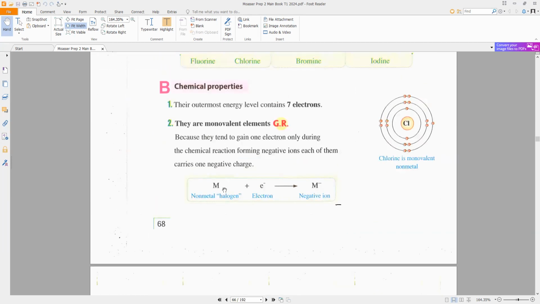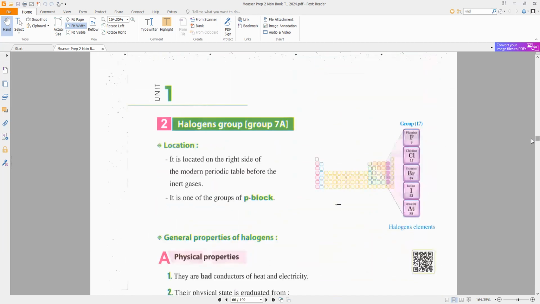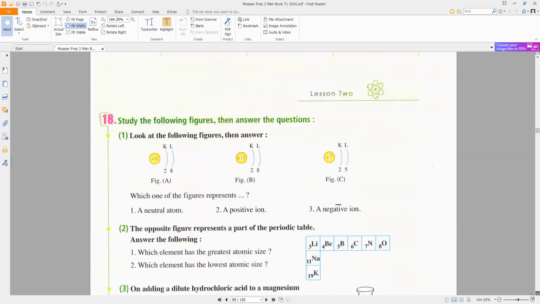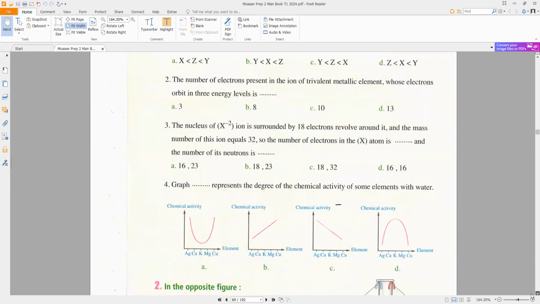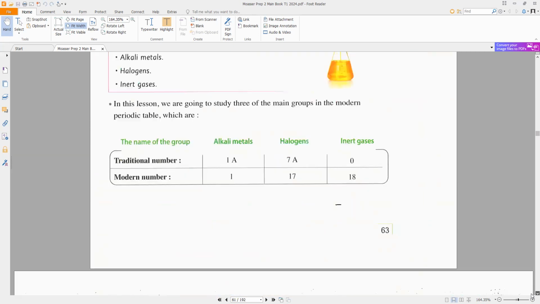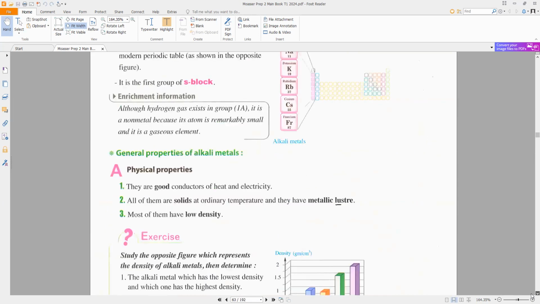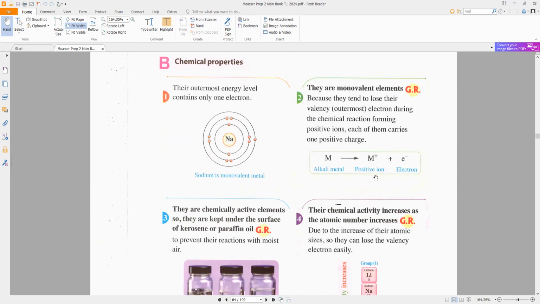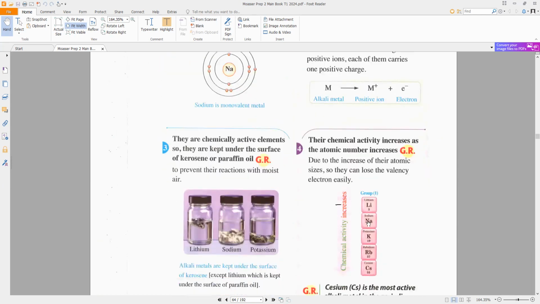The alkali metals are monovalent because they tend to lose 1 electron, the valence electron, and change to a positive ion carrying 1 positive charge. And all the alkali metal elements are monoatomic.